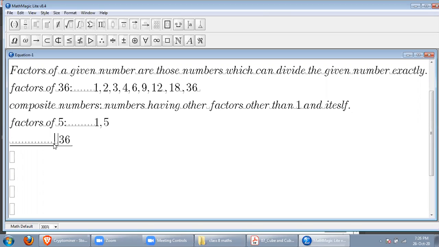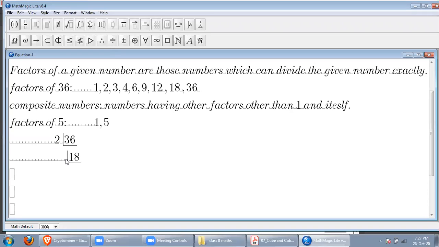So we will start from 2. Okay. 2 into 18 is 36. So we get 18.